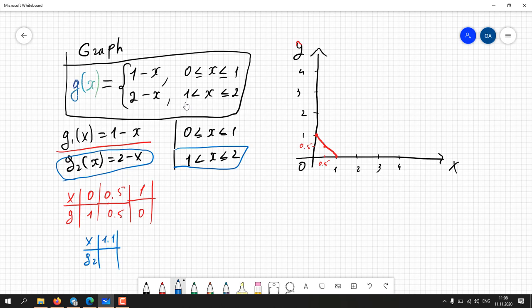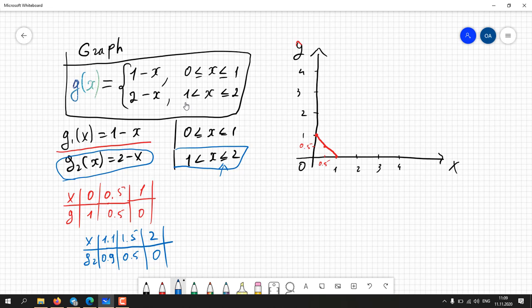If x is 1.1, g is 0.9. If x is 1.5, g becomes 0.5. X is number 2 because x can be number 2, that's the equal sign here, and g2 becomes 0. So I have 3 points. It's enough for me to draw a graph.